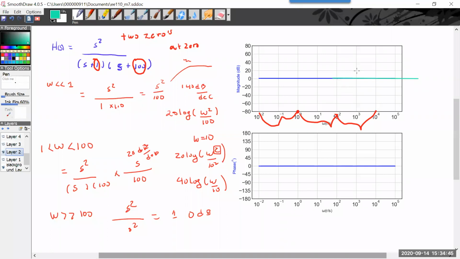Then we have in between our 20 dB per decade slopes, and then we have our 40 dB per decade slopes.